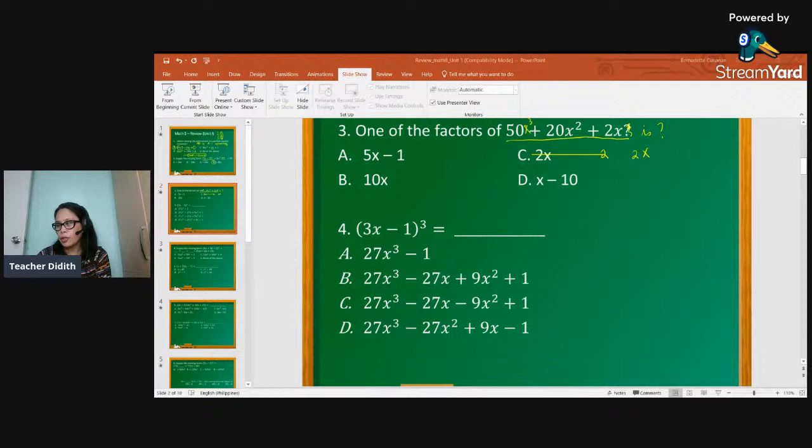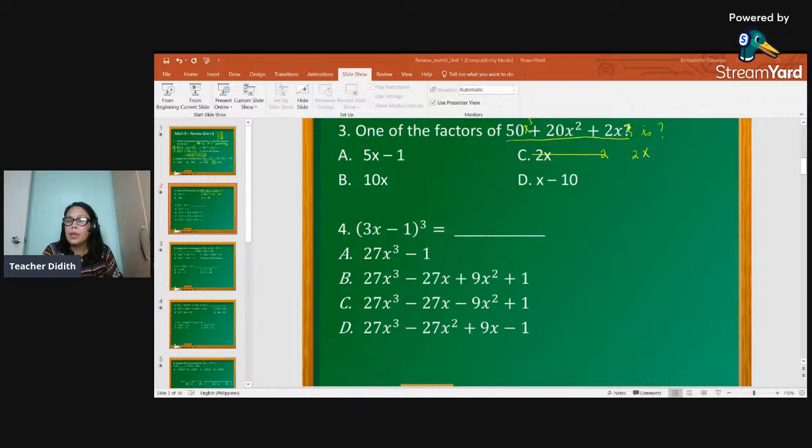You write your answer, guys. The second factor is factorable. There's this 2x as one of the options, no? In number 3, we're asked to work on one of the factors of this trinomial, and the trinomial is 50x cubed. I added x cubed here kasi 50 lang yung nakalagay sa screen. It has to be 50x cubed for the first term, and then plus 20x squared plus 2x.